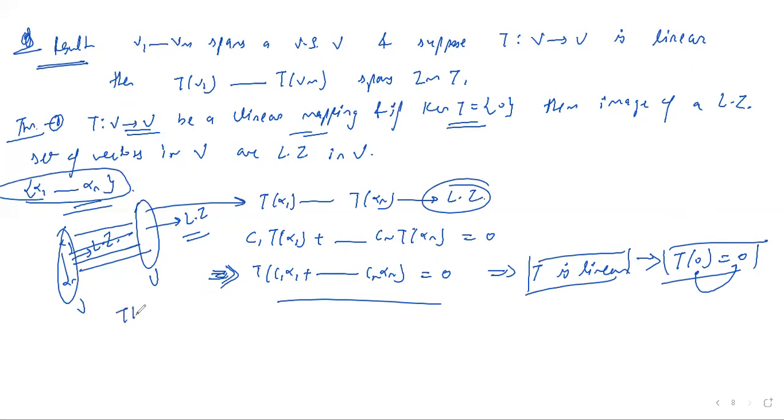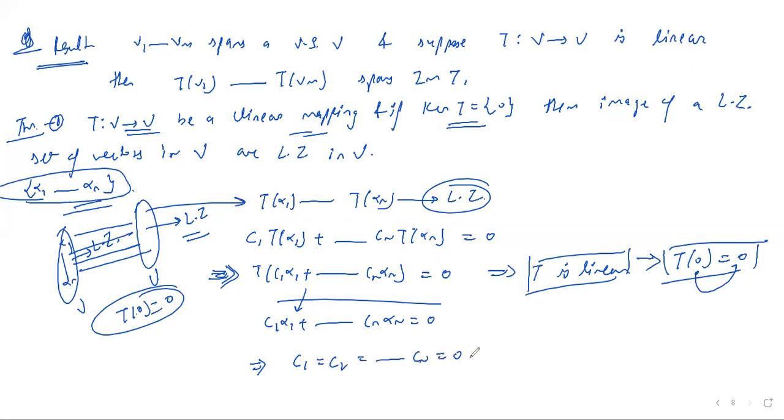So c1 alpha 1 plus up to cn alpha n has to be equal to 0, and for this whole expression to be 0, there is only one solution: all the ci's, c1, c2 to cn, have to be 0, because we know that the alpha i's are independent.